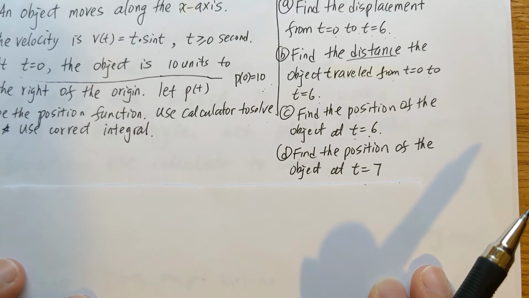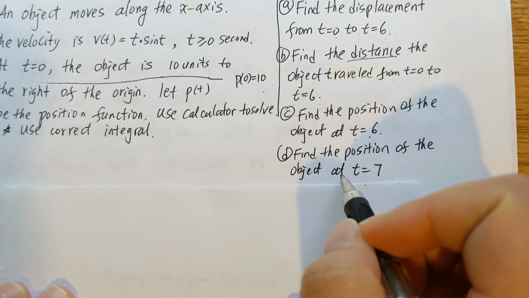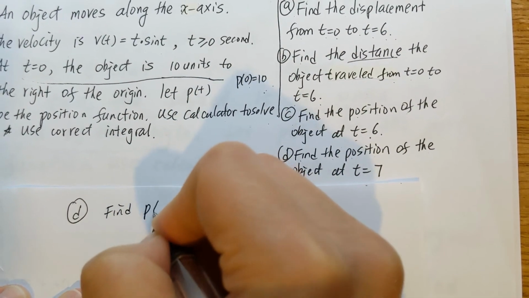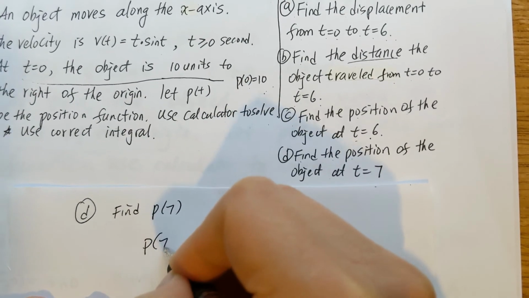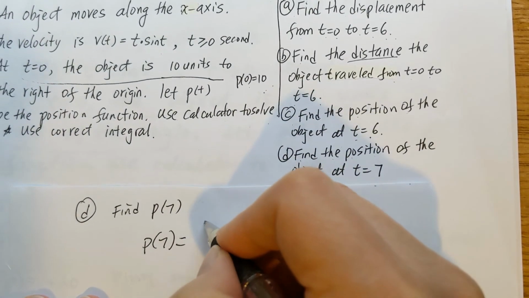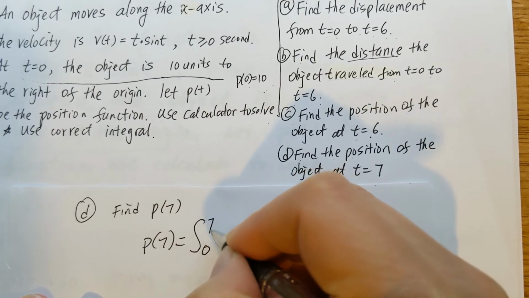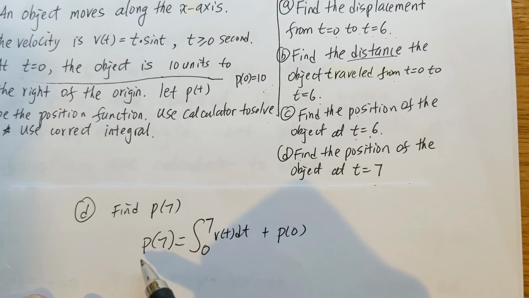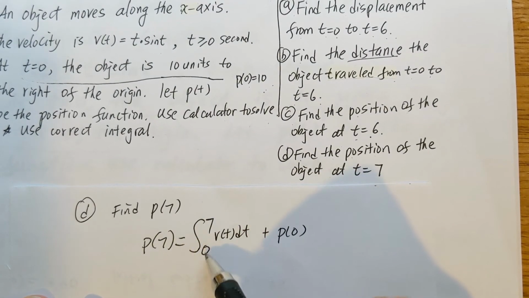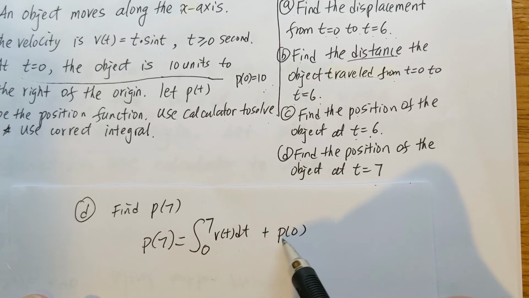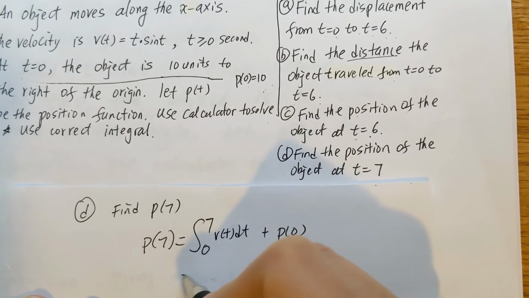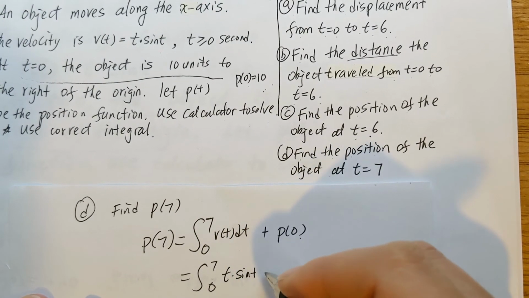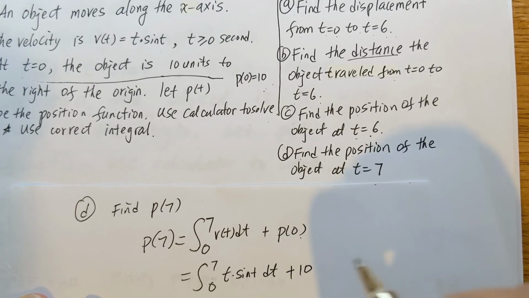So this time I'm not going to do what I did in part C. I'm going to write directly. I need to find p of 7. So I begin with p of 7, and the displacement from 0 to 7, v of t dt, plus p of 0. P of 7 equal to the integral 0 to 7, v of t dt plus the initial position. So now we got 0 to 7, t times sine t dt, and plus 10.